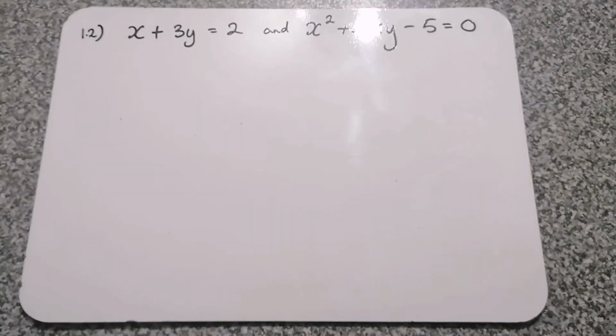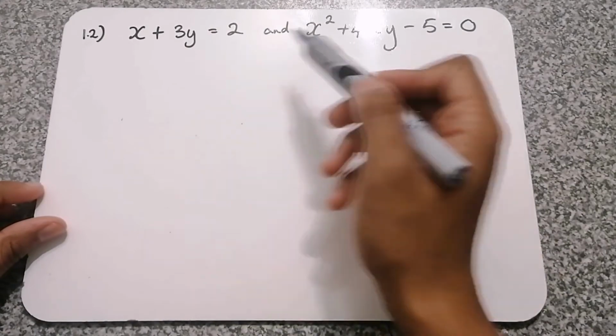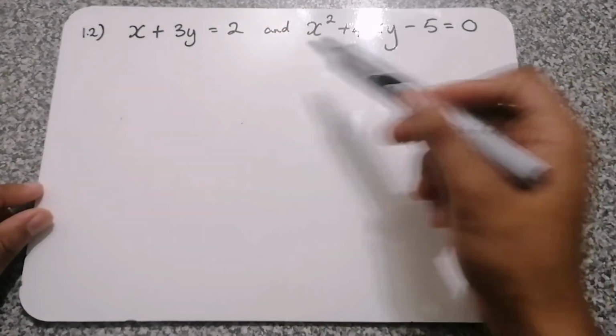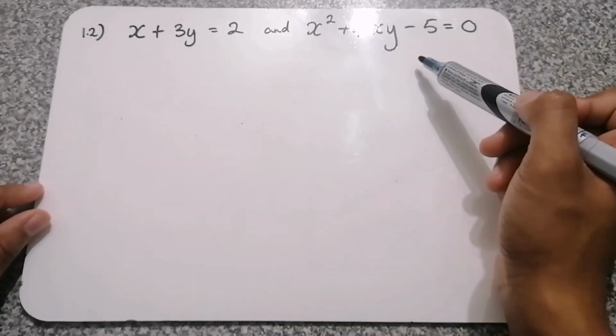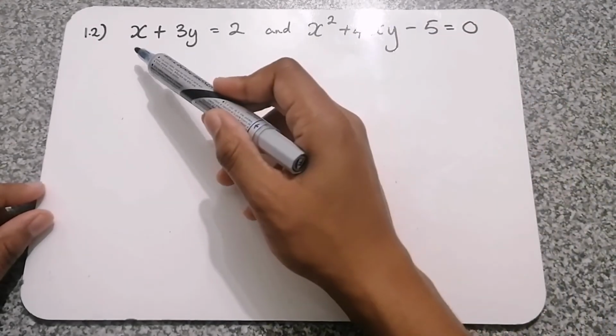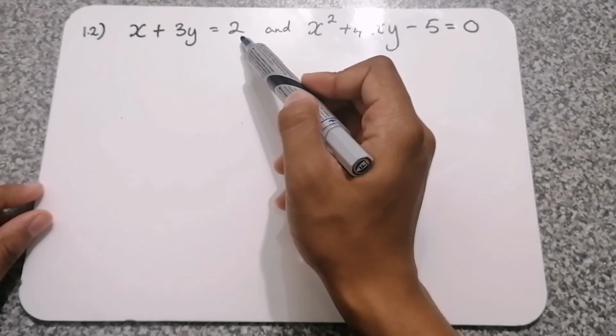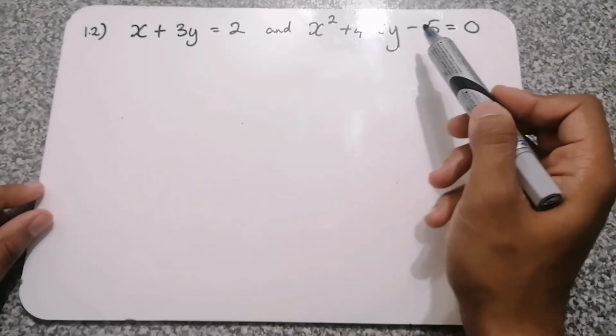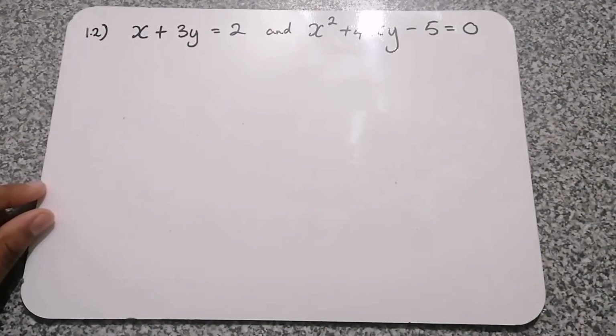Now this last question requires us to solve x and y simultaneously using these 2 equations. I'm going to read it to you because I noticed that there's a bit of a glare over here. So we have x plus 3y equal to 2 and x squared plus 4xy minus 5 equal to 0.